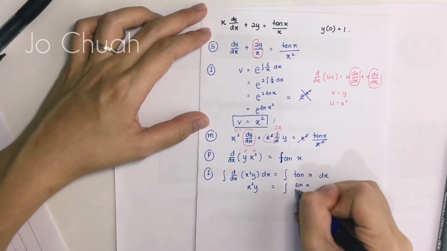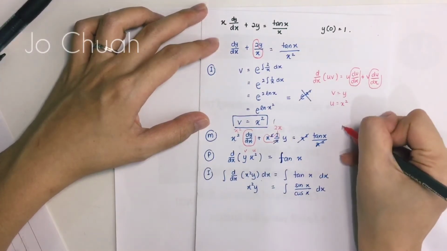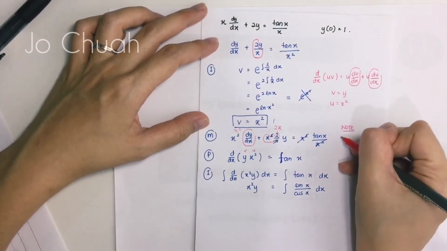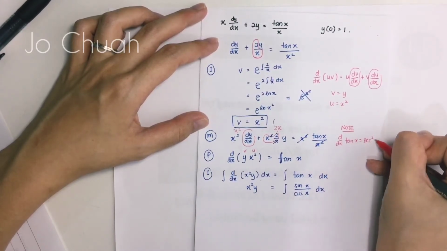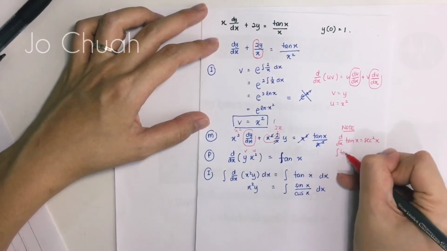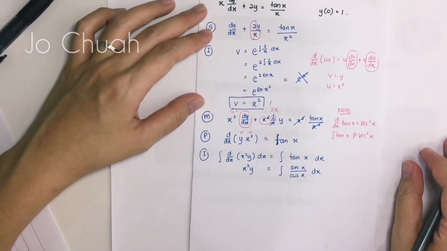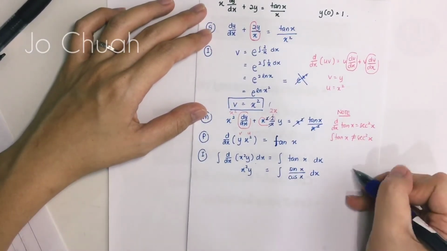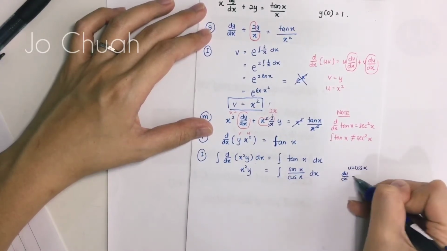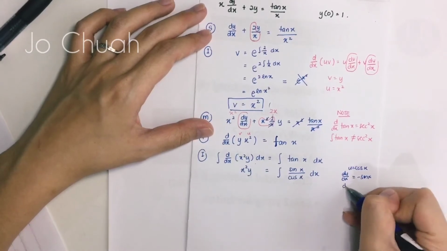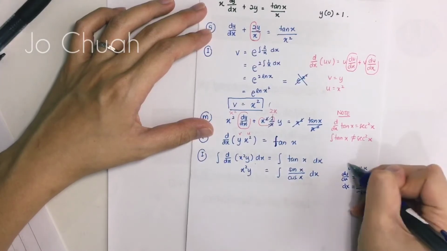Integrate sine x over cos x dx. Note, when you differentiate tangent x, you get secant squared x. When you integrate tangent x, you don't get secant squared x. Alright? So what we're going to do here, u equals cos x, du over dx is negative sine x, dx is du over negative sine x.